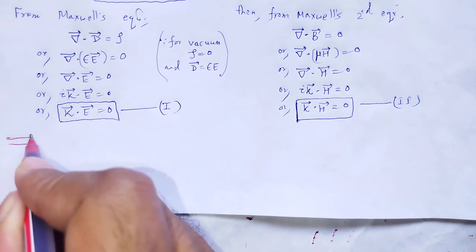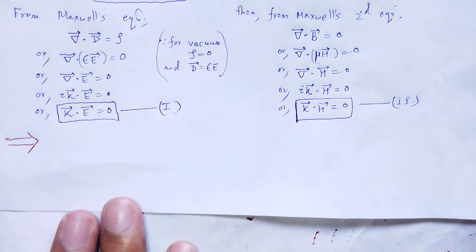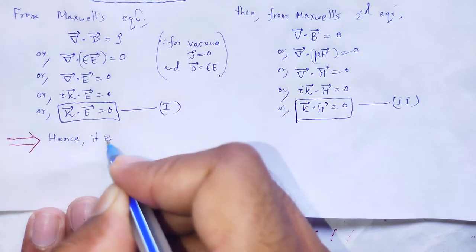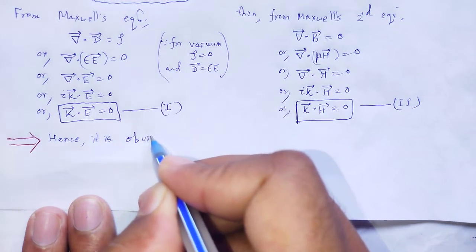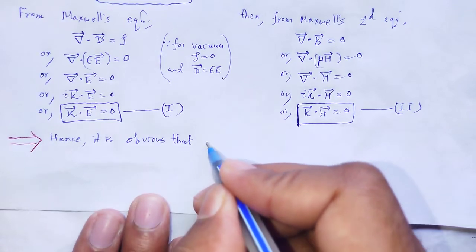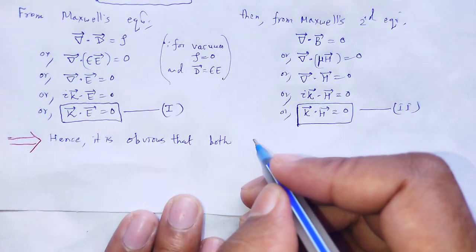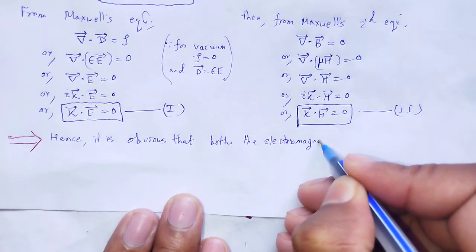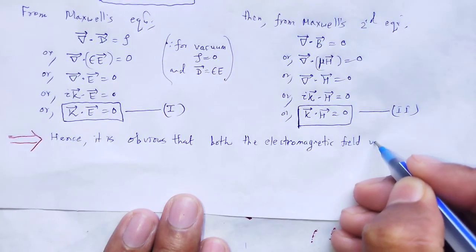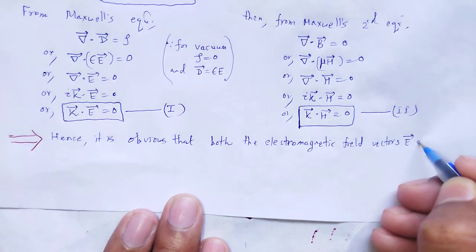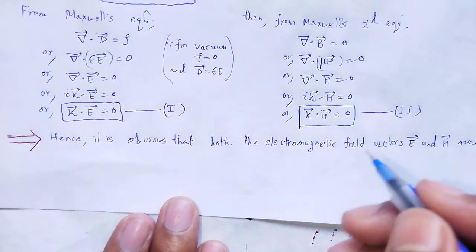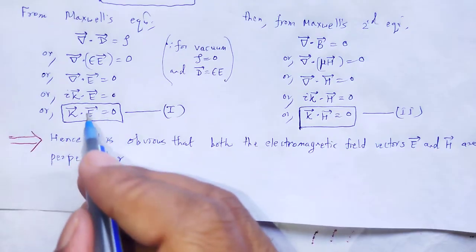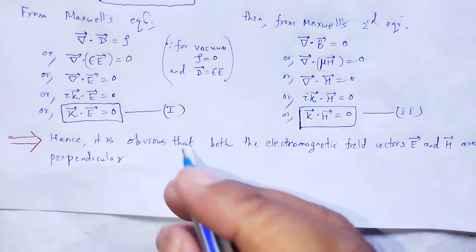Important point we write here. Hence, it is obvious that both the electromagnetic field vectors, that is E vector and H vector, are perpendicular to the k vector, which is the direction of propagation vector.